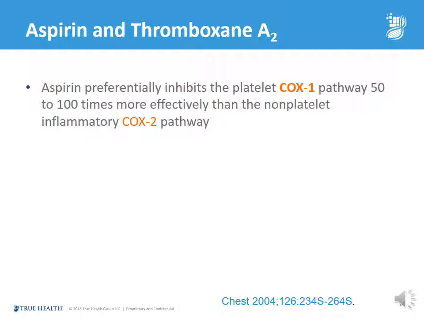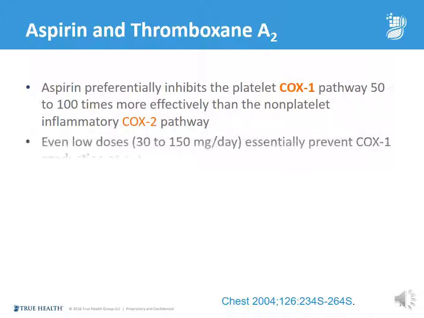Aspirin preferentially inhibits the platelet COX-1 pathway 50 to 100 times more effectively than the non-platelet COX-2 pathway, and it does that at the very tiny baby doses. You don't need 325 milligrams in the overwhelming majority of patients to inhibit the COX-1 pathway.